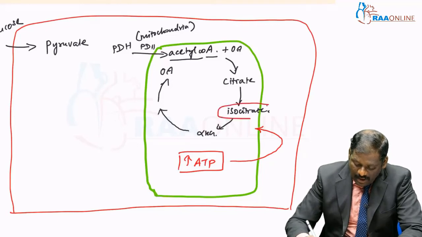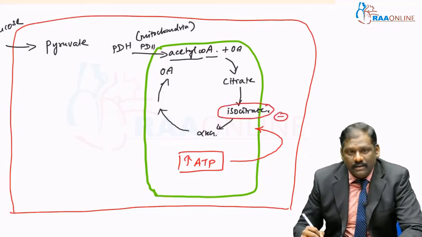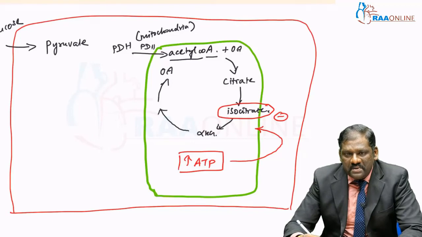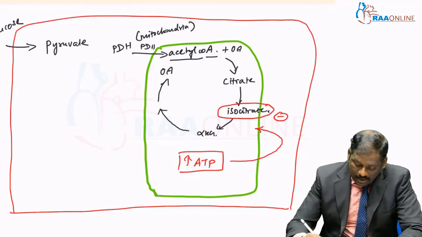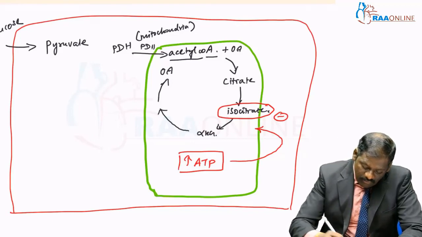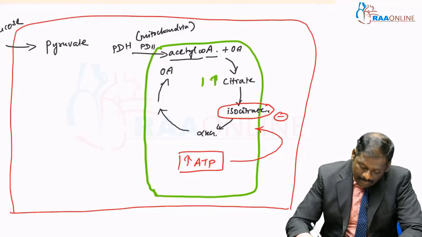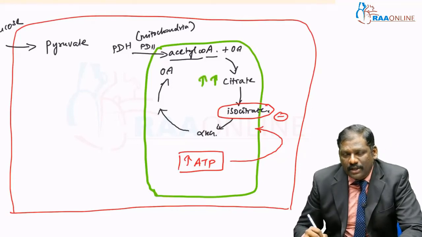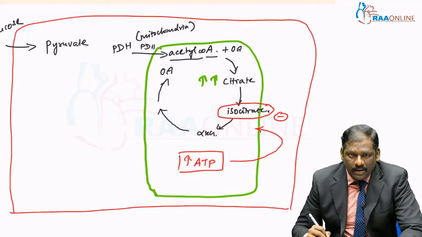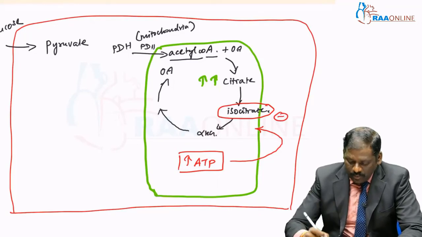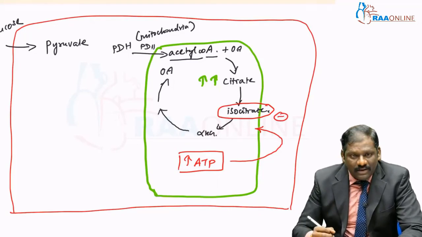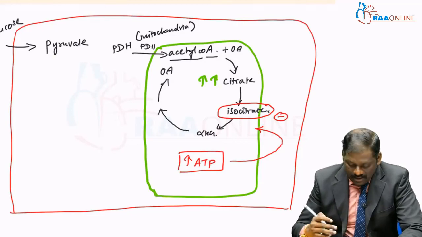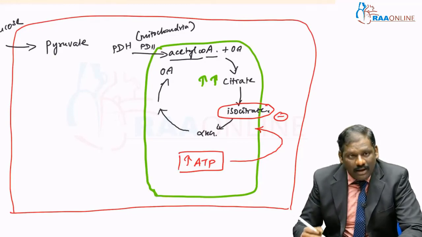The formation of isocitrate is inhibited. This isocitrate formation being inhibited means what? There will be more accumulation of citrate inside your mitochondria. Clear?